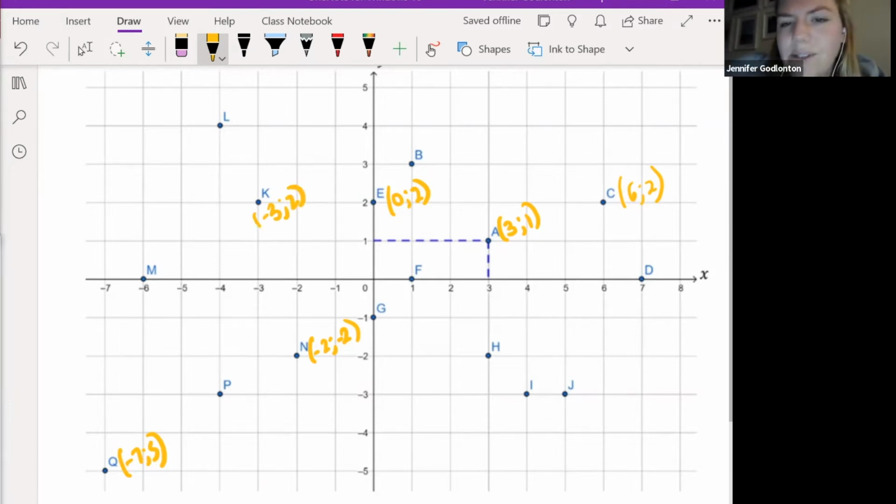Moabi, we're all yours. Tell me which one you'd like to do. I'm choosing B. Okay. And what is B? 1 and 3. 100%. Nice. Good. Fatu, we're yours. Which one would you like to do? L. Okay. -4 and 4. Beautiful. Kutlwano, which one would you like to do? M. Okay. -6 and 0. 100%.